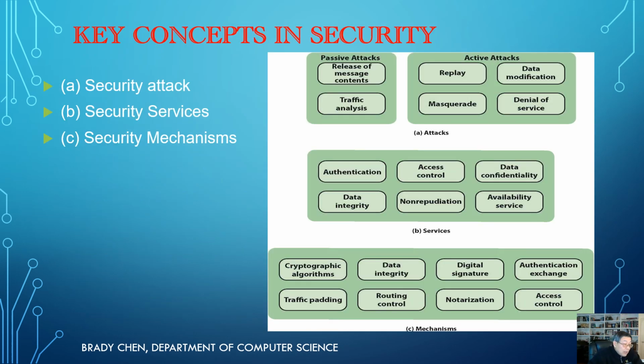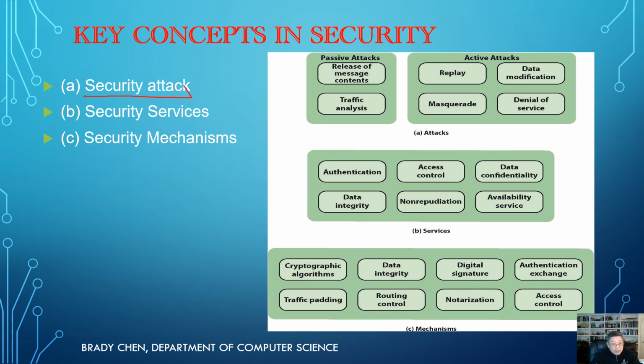So let's provide detailed information on the concepts defined in the OSI security architecture. Now, let's first talk about security attack. Okay, there are two types of attack: passive attack and active attack.